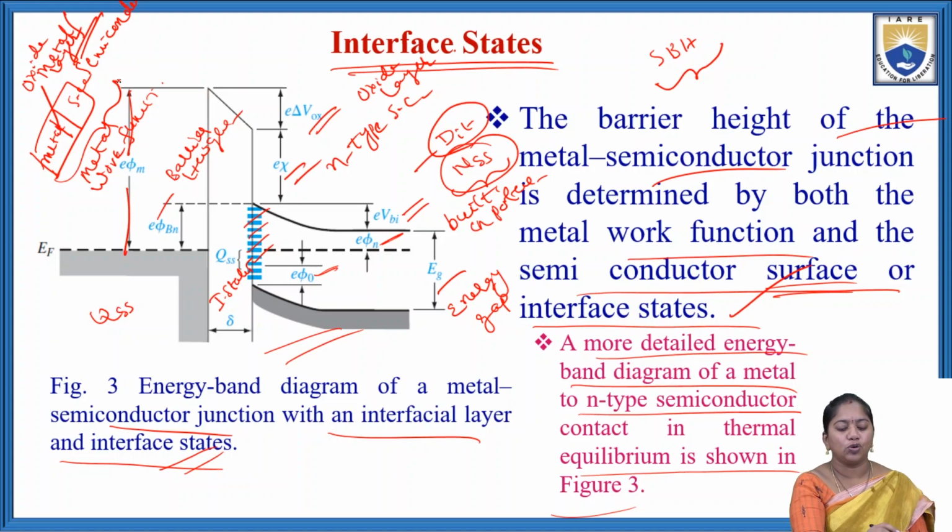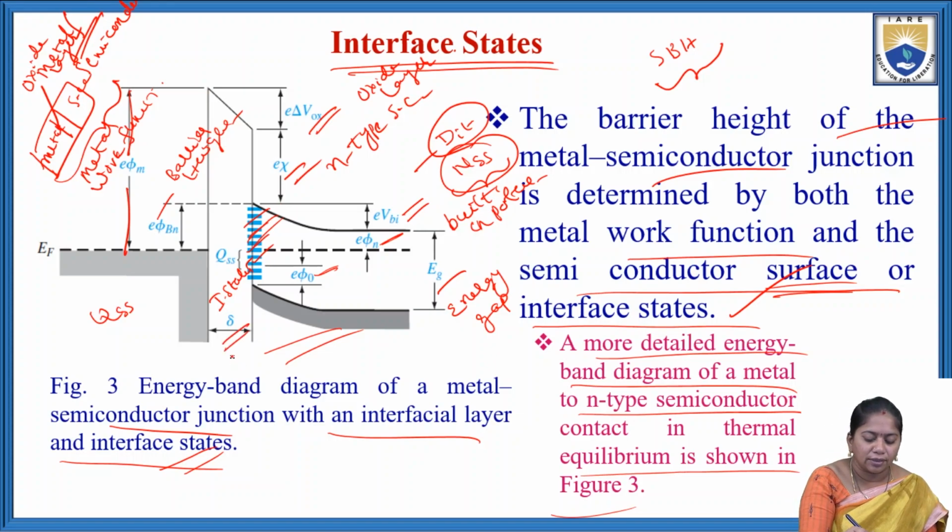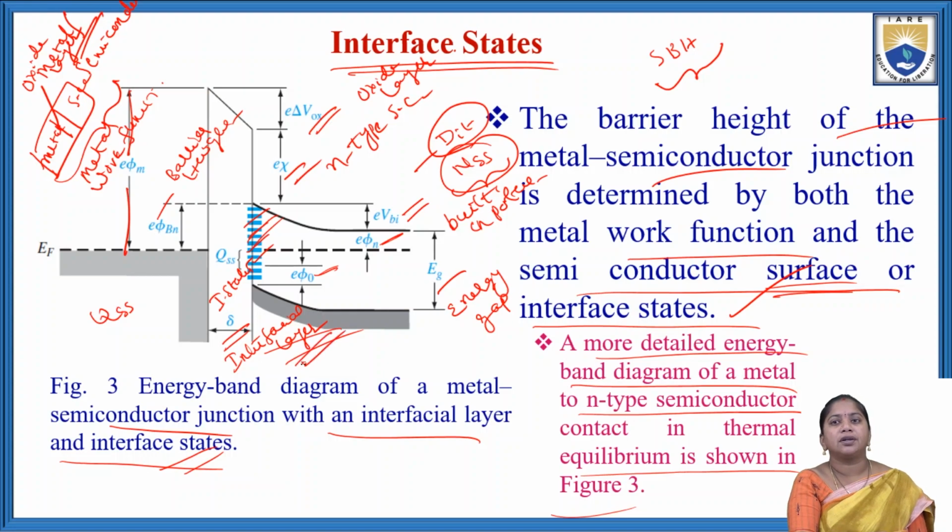This oxide layer produces the interface states. These interface states decrease the Schottky barrier height. Here delta is the thickness of the interfacial layer.